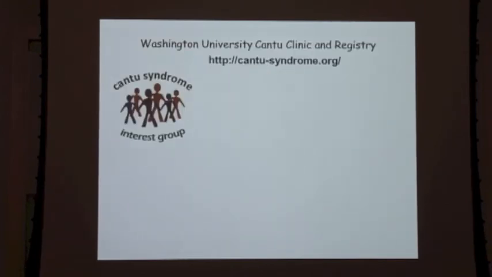So we set up a website and a registry for people to find out about the channel, which we run from a program here. We now have a REDCap registry of patients, which includes the people from Holland, and we now have about 100 or more people who have been diagnosed from around the world on the registry.